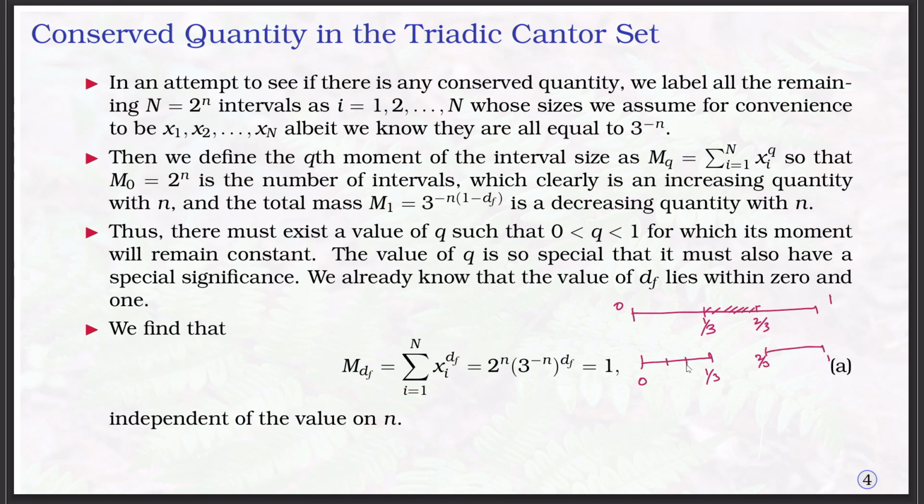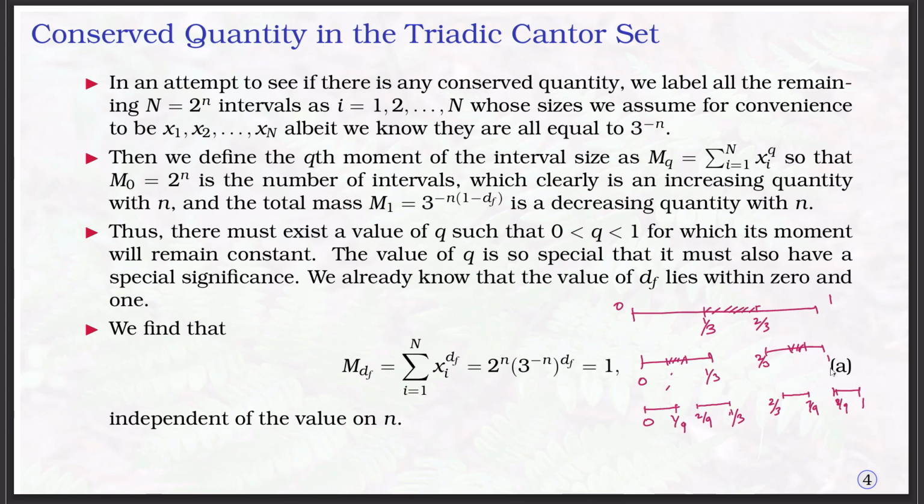Again divide each into 3 equal parts, and we get [0, 1/9], [2/9, 1/3], and on the other side [2/3, 7/9] and [8/9, 1]. This type of structure we get after removing these parts.